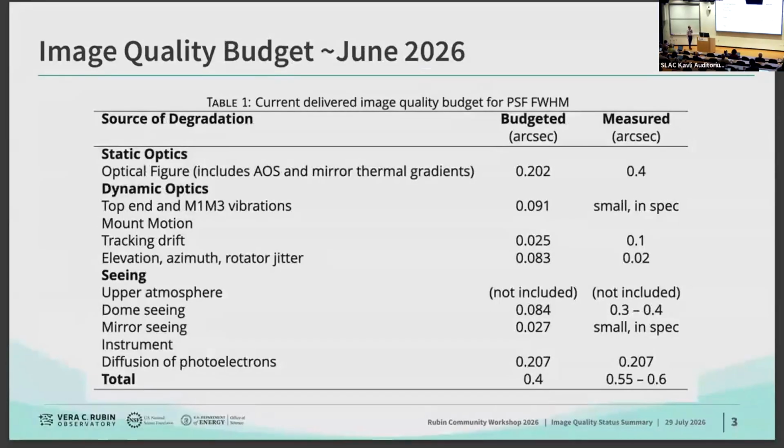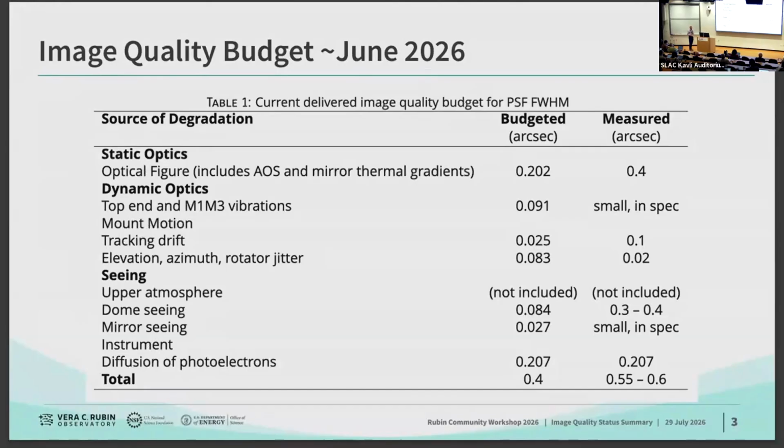Okay, so this is the current image quality budget as it was known in June 2026. Basically, it's trying to break down the various contributions. You see there's a part from the static optics, which you can think about as including the AOS and the mirror thermal gradient, something that actually affects the mirror figure and is steady throughout the exposure.